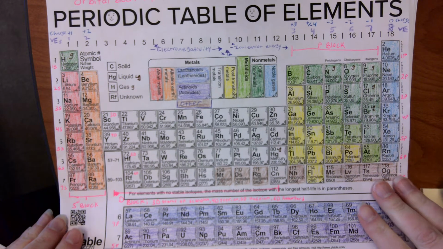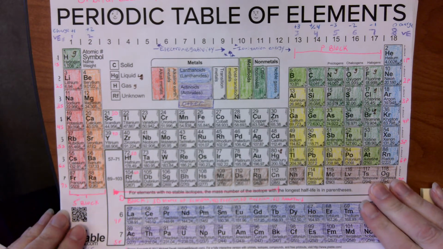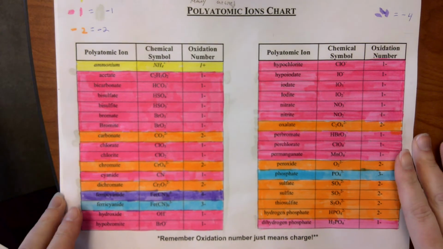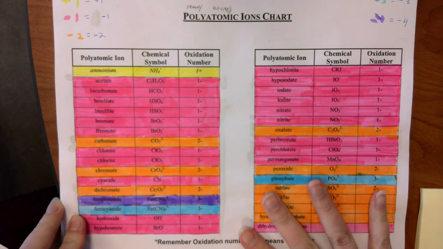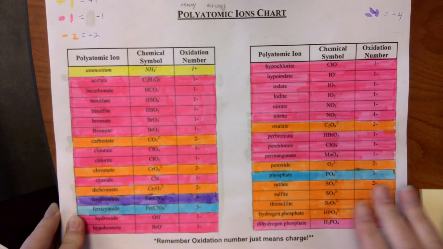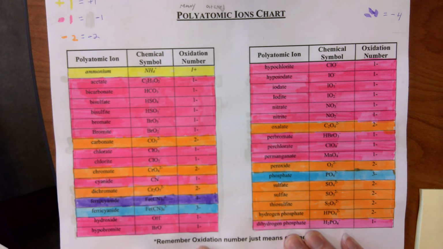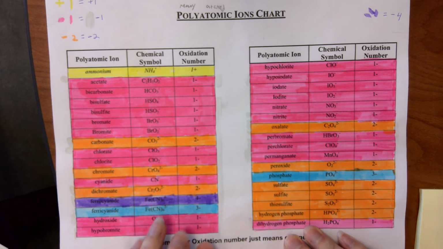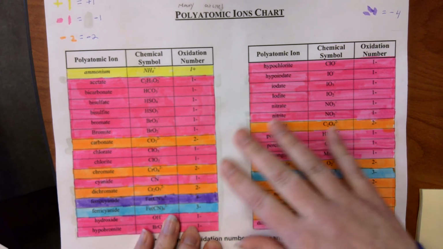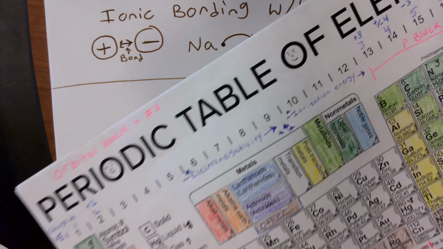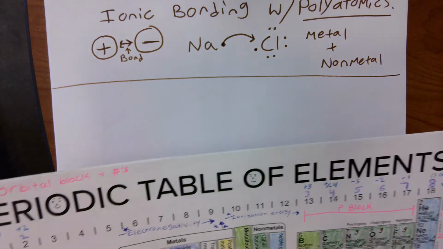If you got one of these in class, it looks kind of like this. Mine's color-coded by charge, or oxidation number, and yours isn't. You'll be using this today along with your periodic table, so make sure you have both handy.